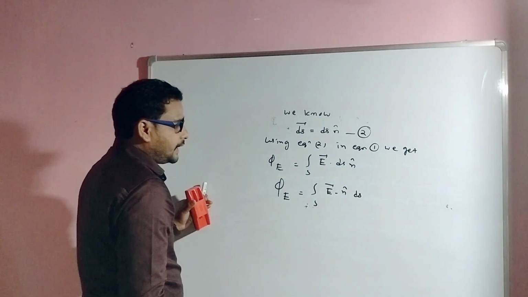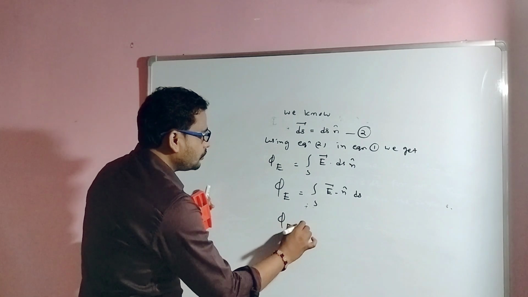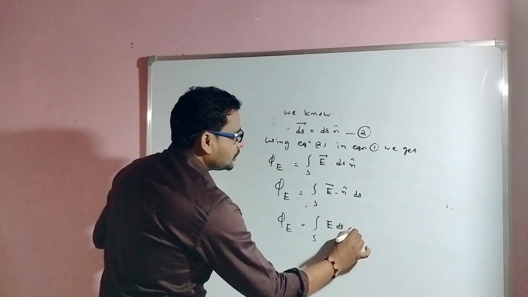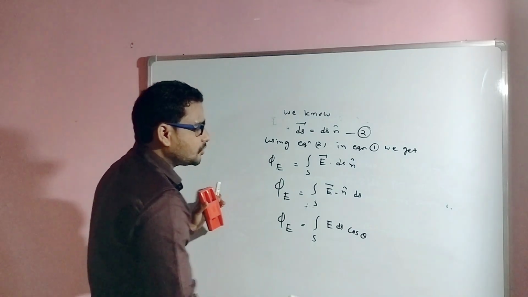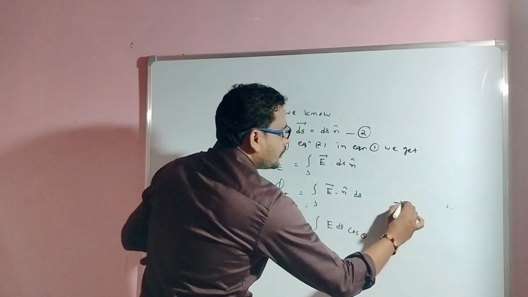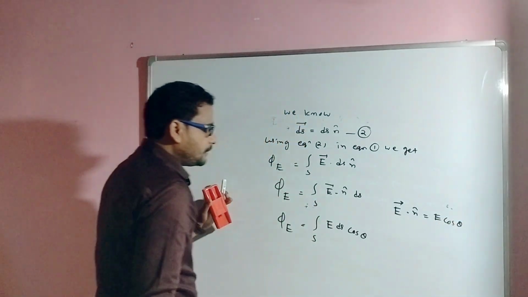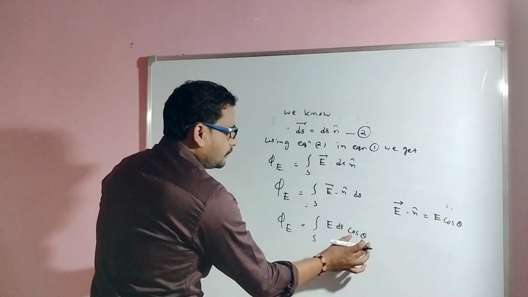Okay, then phi e is equal to integration s E ds cos theta. Also mention on the side that E vector dot n cap is equal to E cos theta. Then what is the value of theta?